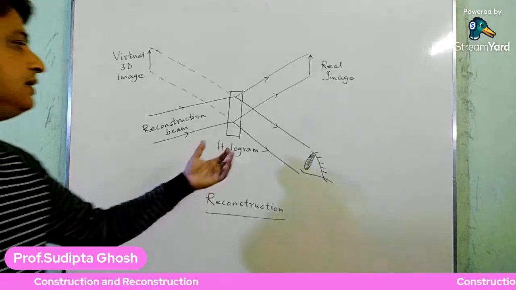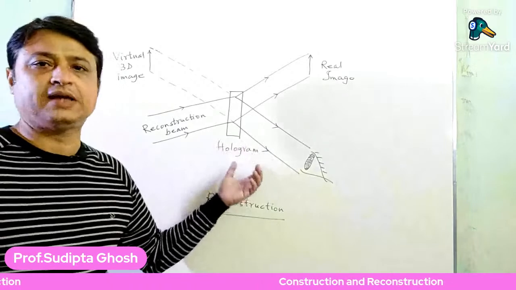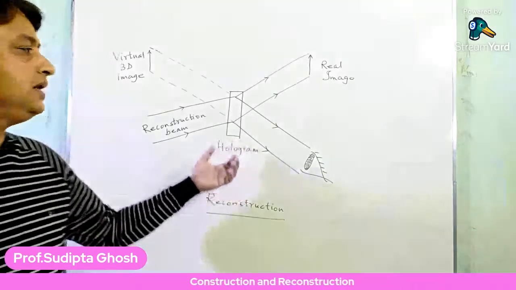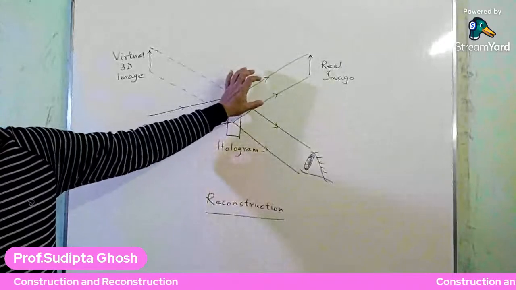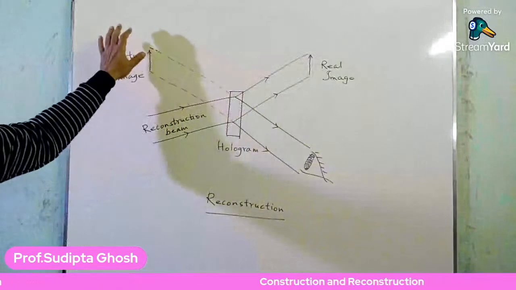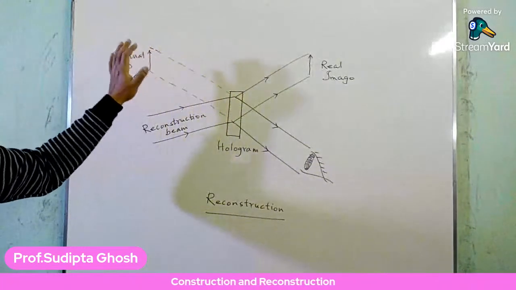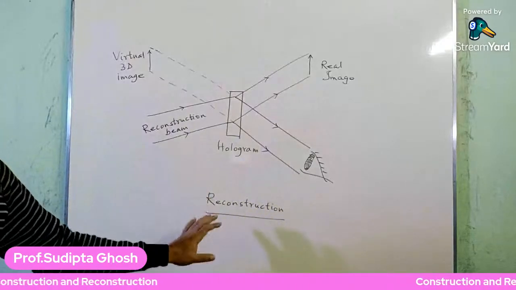Here the hologram acts like a diffraction grating, which produces two sets of beams. The first set produces a real image, and the other set produces a three-dimensional virtual image. So this is the process of reconstruction.